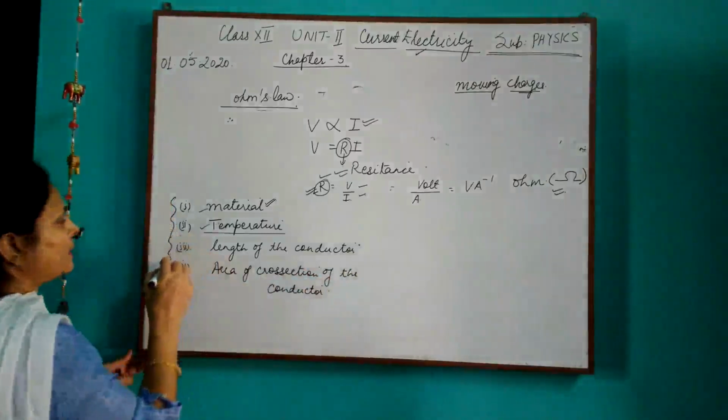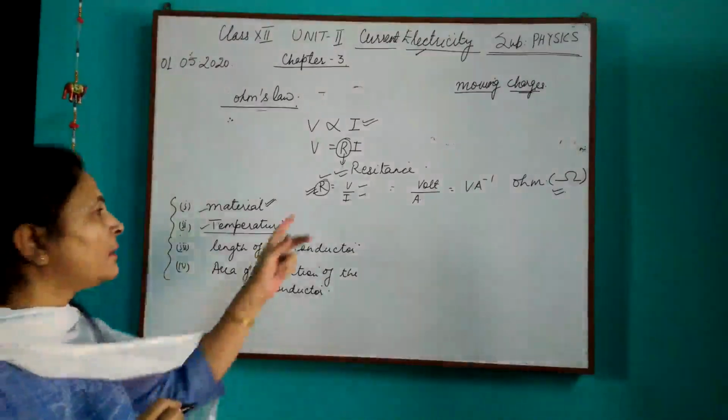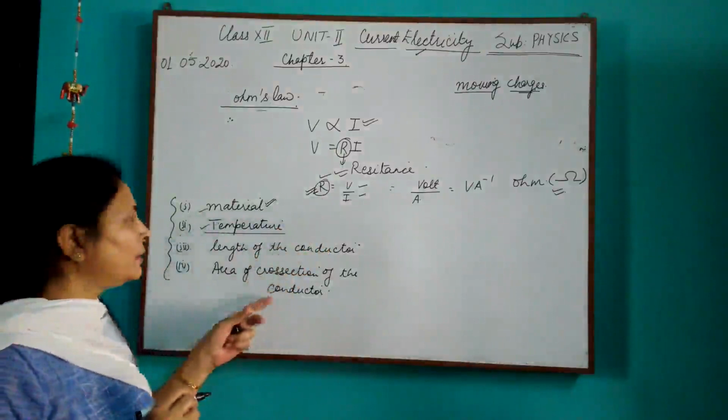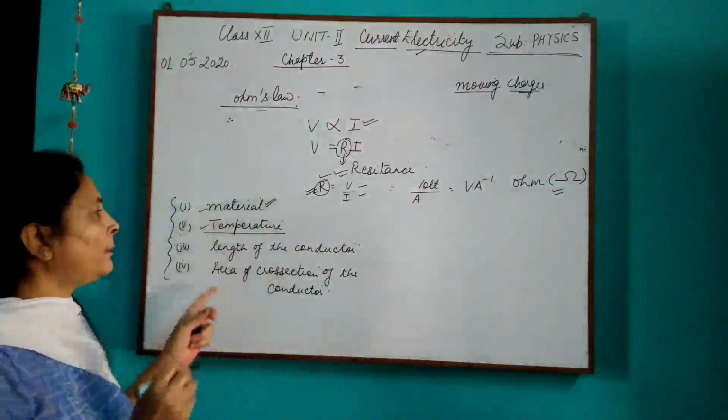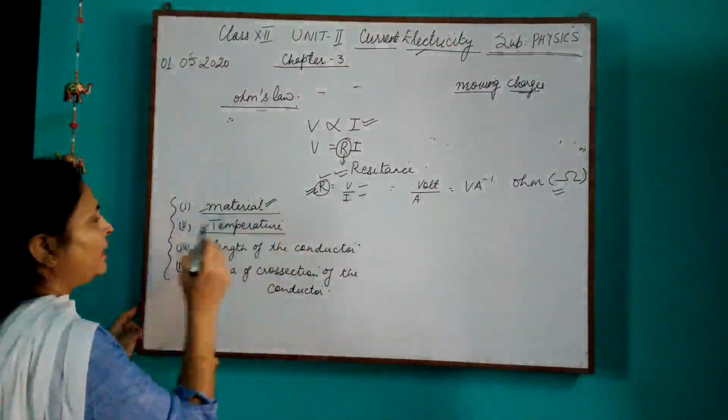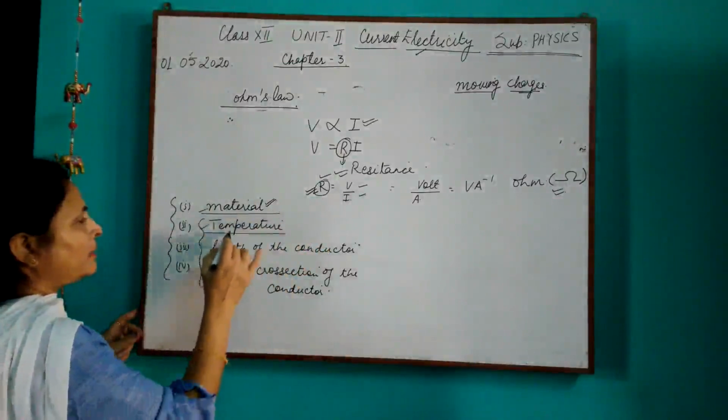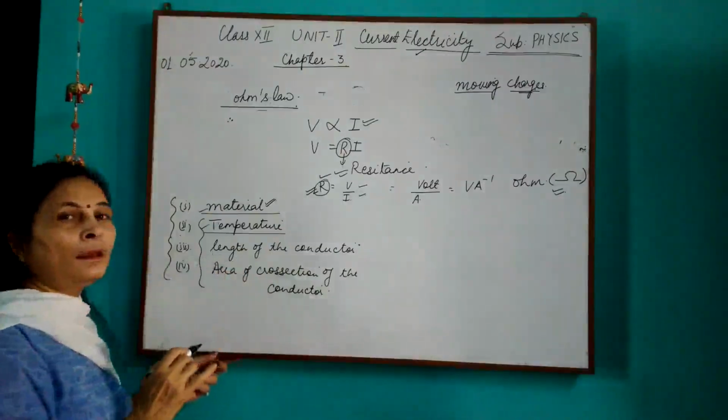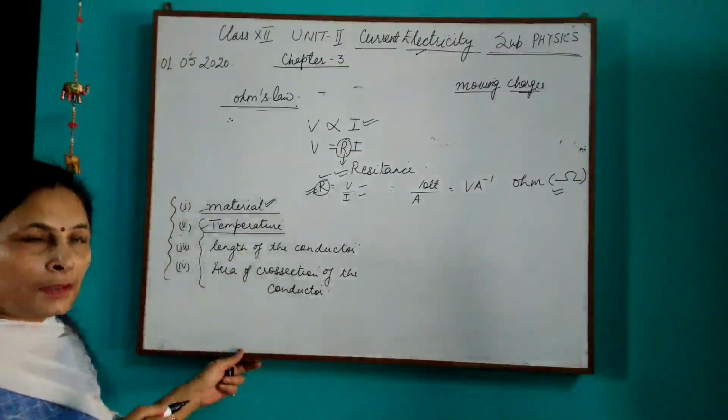So these are the factors on which the resistance of a given material will depend. If we take a given material, then these 3 factors will remain: temperature, length and area of cross section.